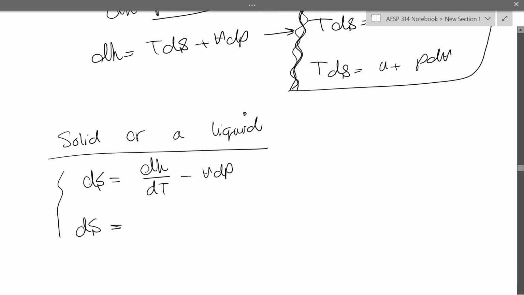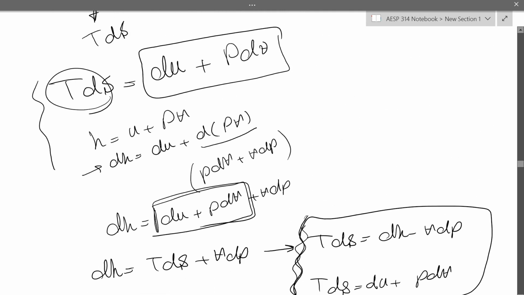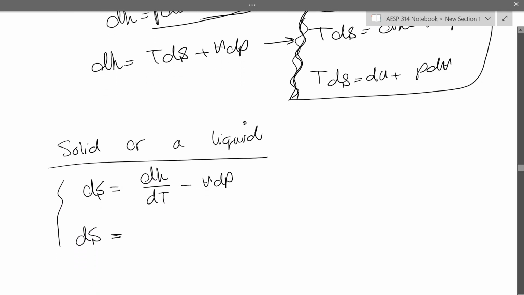Also dS equals dU over T plus PdV over T. This is dU, I'm sorry guys, make sure you are using the correct one. So for a solid or liquid, an incompressible substance, dV is 0, so this part is 0, right? There is no change in volume.